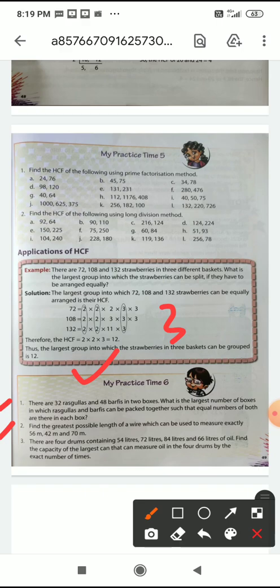So here we find the HCF. Number 3, there are 4 drums containing 54 liters, 72 liters, 84 liters and 66 liters of oil. Find the exact number of items. So here also we do the same, find the HCF.